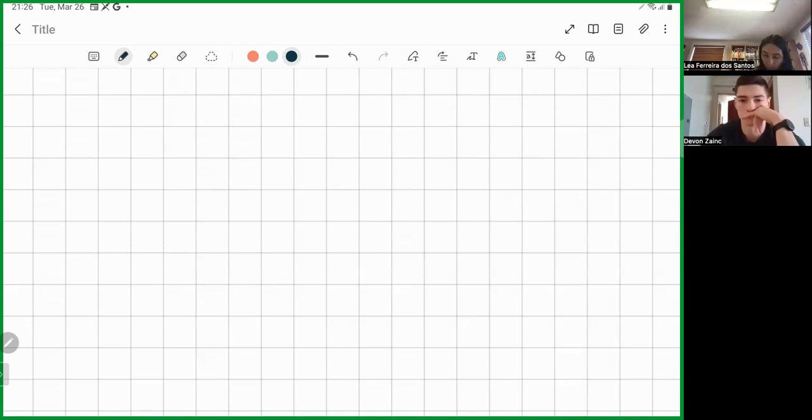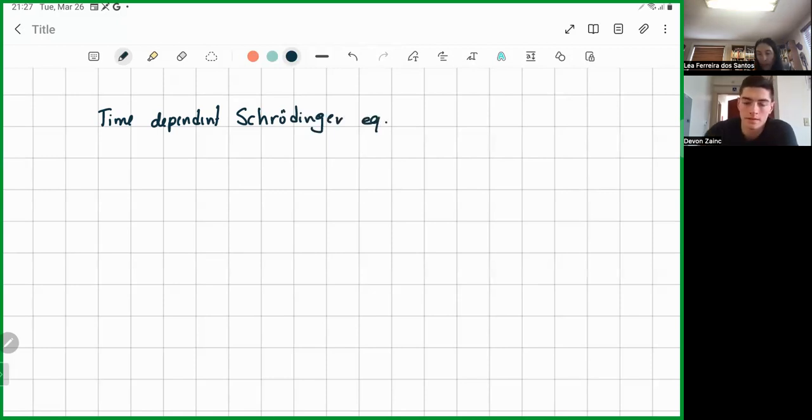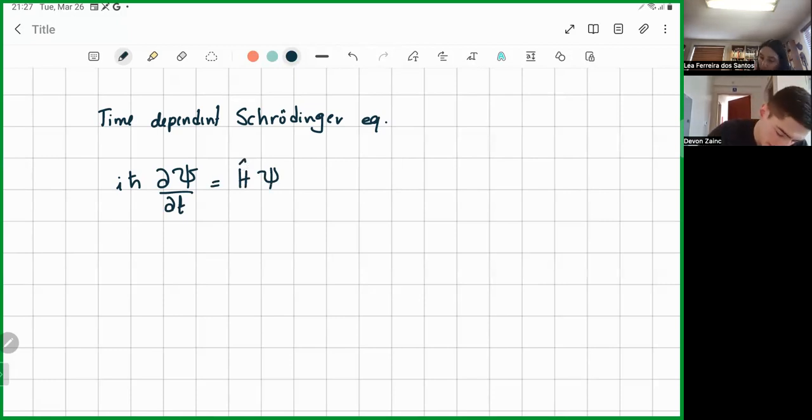What does it mean? So I'm starting here with the time-dependent Schrödinger's equation that you already know very well. Okay, what is this equation? Here, the Hamiltonian, our operator Hamiltonian. What changes with respect to what we used to have?